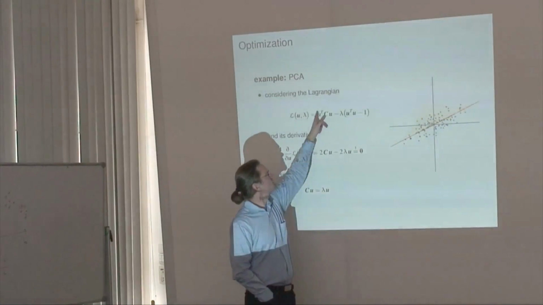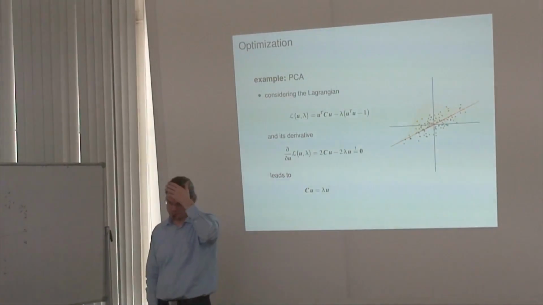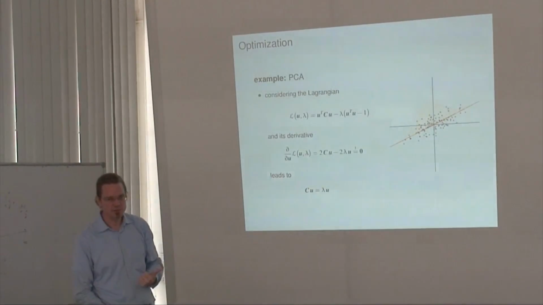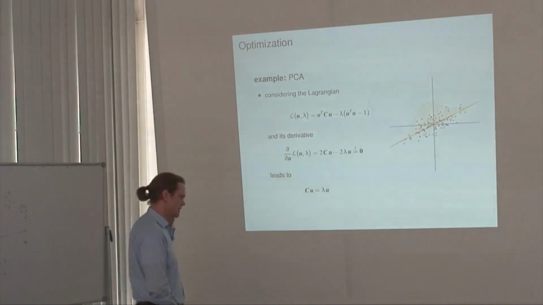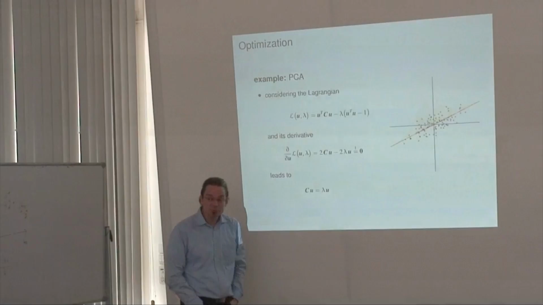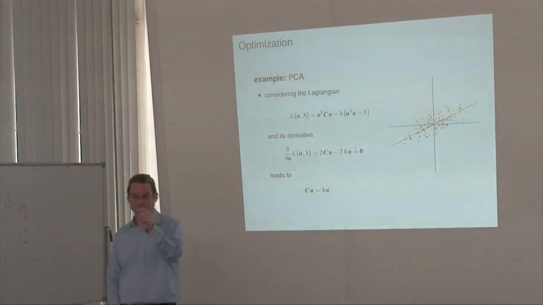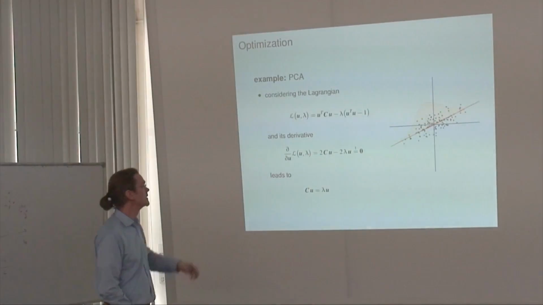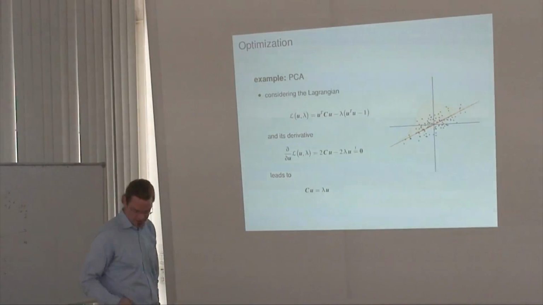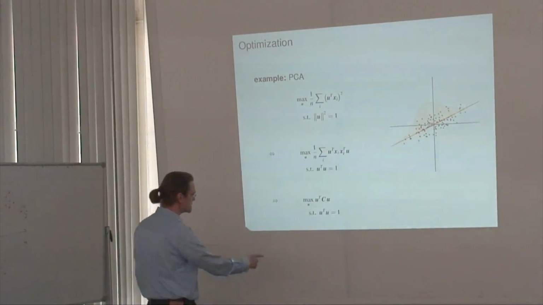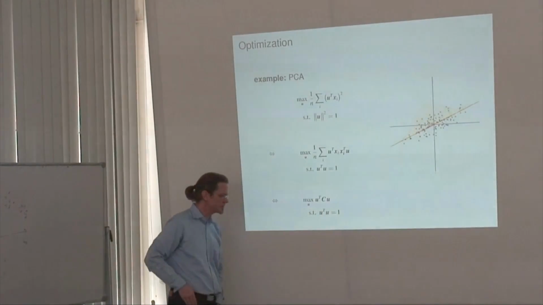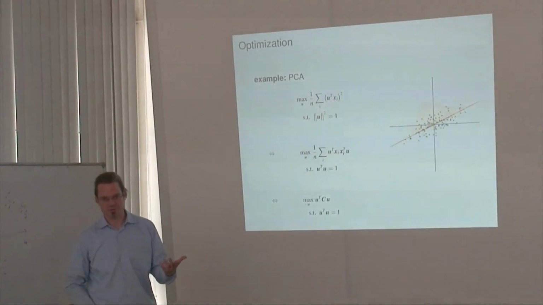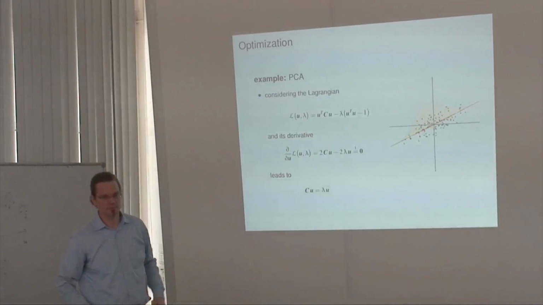We have the function which we want to optimize, and we have just one constraint, an equality constraint, and therefore I'm using the variable lambda to indicate that this is the Lagrange parameter of an equality constraint. And I can turn this equation u transposed times u equals 1 into standard form by subtracting 1 on both sides.